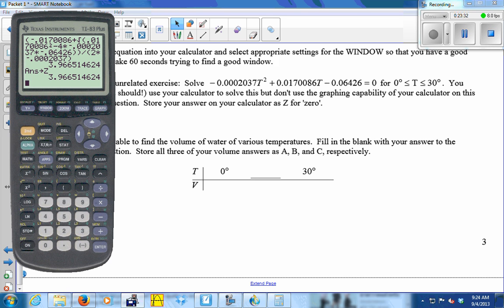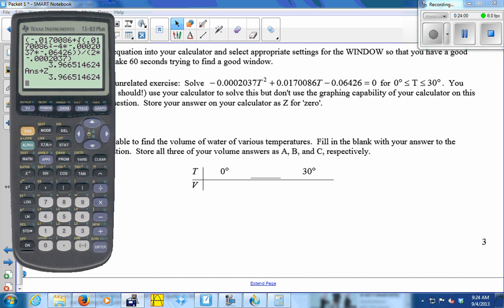So why the plus in the quadratic formula there? The quadratic formula is negative b plus or minus the square root of b squared minus 4ac. Why did I only do the plus? Because if I were to put in the minus, this number, the 0, would not come out between 0 and 30, which is my domain. So I just have to do the plus. But you could double check.